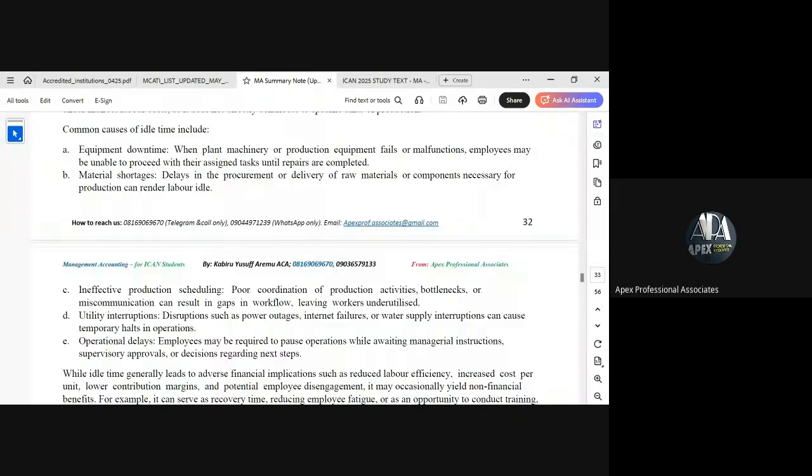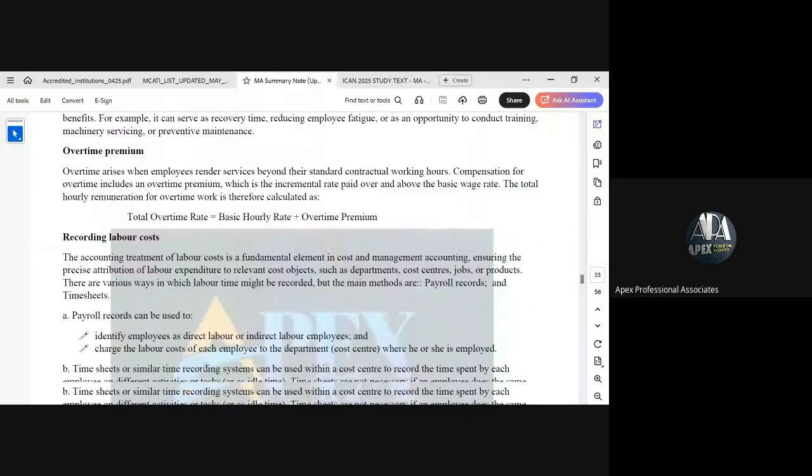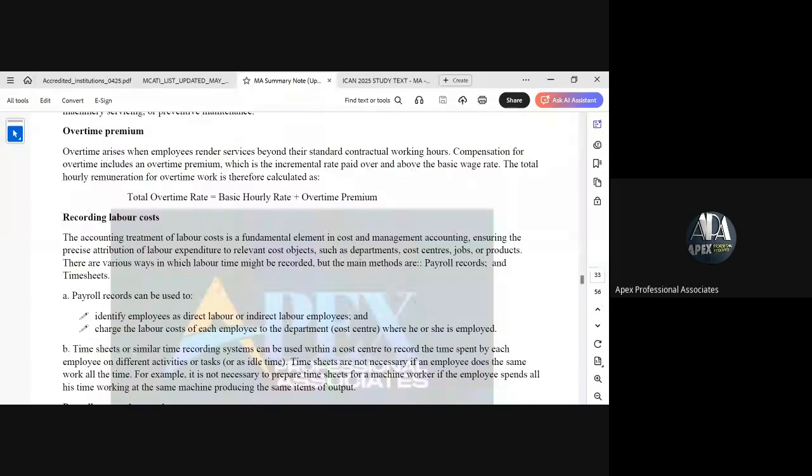All right, now, overtime arises when you have told them to work and they've worked. They are supposed to go home, but you say they should not go home. Are you getting it? Or they cannot go home because there is more work to do. Then you have overtime. So when an employee renders services beyond their standard agreed time in their contract, then anything extra they do can be termed overtime.